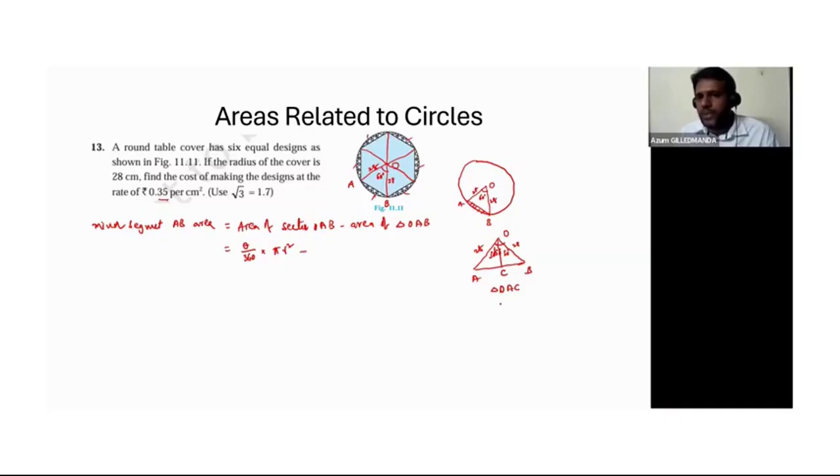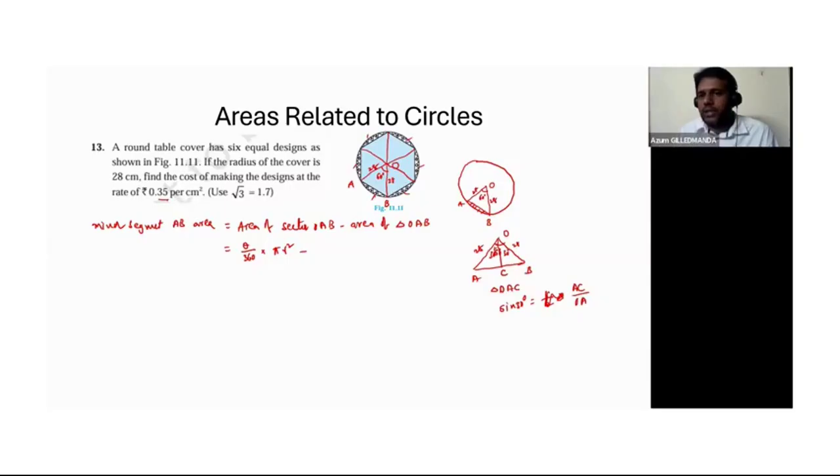OA is the hypotenuse. So from triangle OAC, can I write sine 30 equal to, from this triangle, what is the opposite side? AC. So AC by OA.